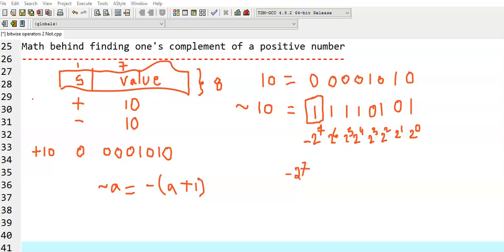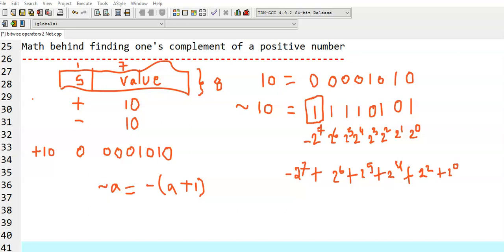That means minus 2 power 7, plus, considering only the places where we have 1, 1 into 2 power 6 plus 1 into 2 power 5 plus 1 into 2 power 4 plus 1 into 2 square plus 1 into 2 power 0.